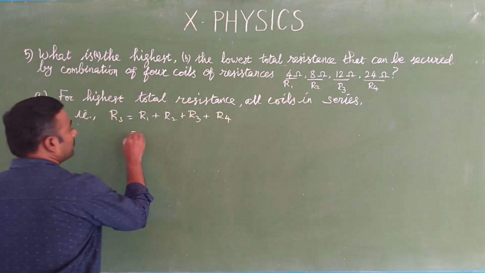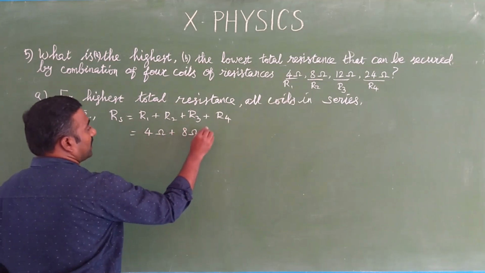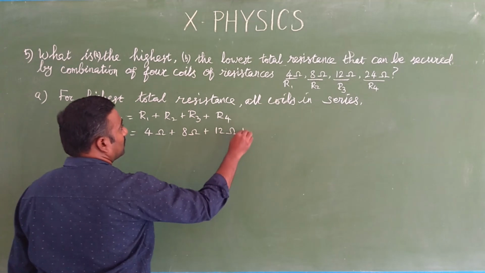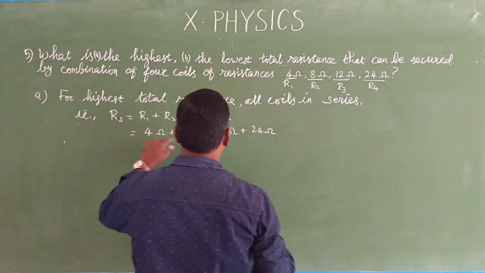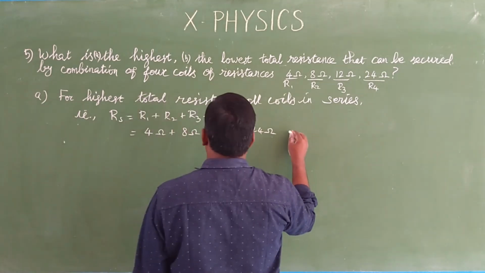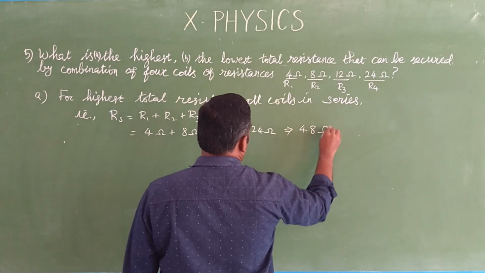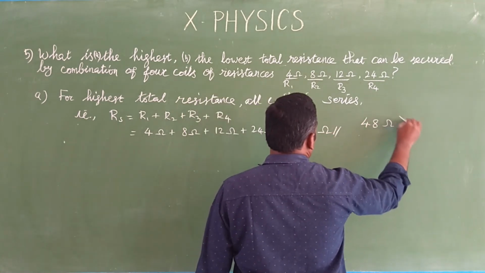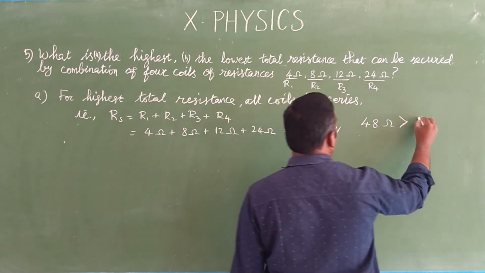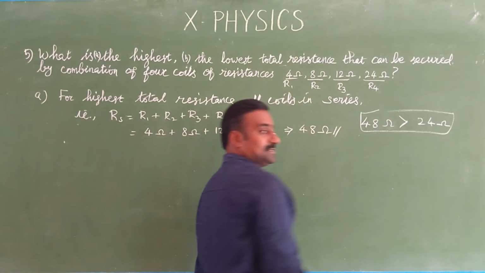So add all the values: 4 ohm plus 8 ohm plus 12 ohm plus 24 ohm. By adding all this, we'll get the equivalent resistance. It is 48 ohm. So this 48 ohm is greater than the greatest of the individual values. Okay, this is for our reference.